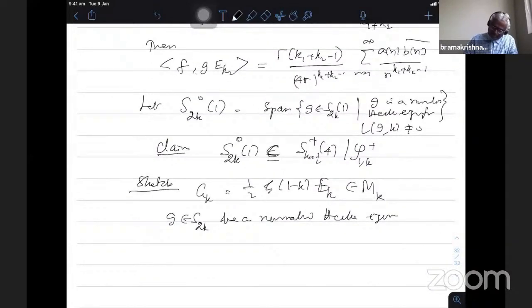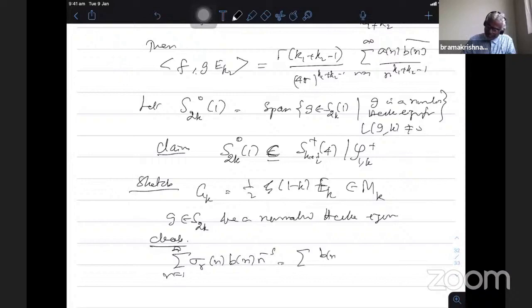So check that if I take the summation of b of n, n power minus s, I can write it in terms of the multiplication of the following Dirichlet series: summation n power r, b of n, n power minus s, times the Riemann zeta function, 2s minus r minus 2k plus 1, inverse.